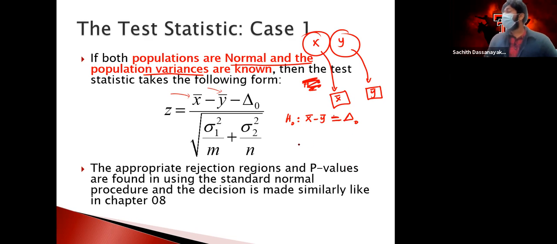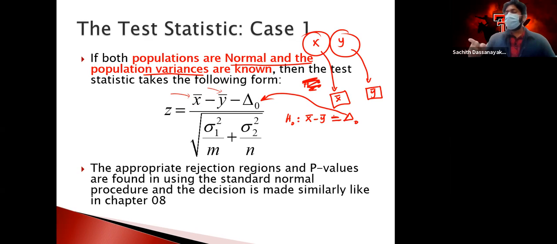Before you solve this Z statistic, you have to assume H naught is true. Clear? Most of the time you will have this value right here. Replace it, and you have this value as well.